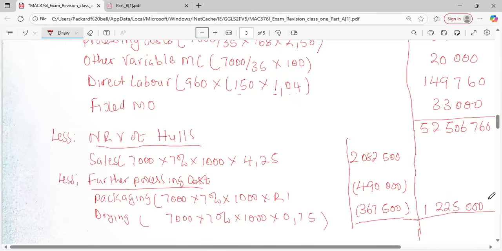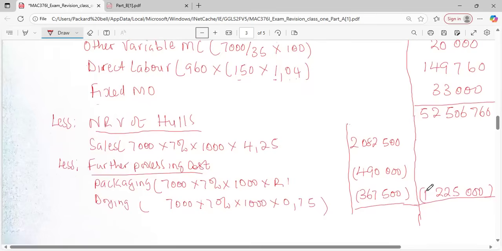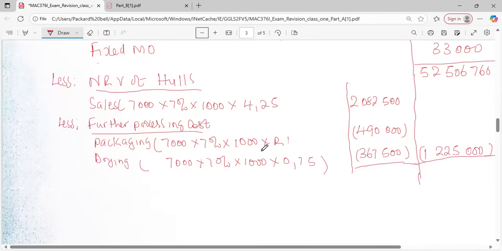Right. So this net realizable value, we are going to subtract from our total joint cost. So here, let's just put this one and say these are our total joint cost. So we less 1,225,000 to get the joint cost to be allocated.